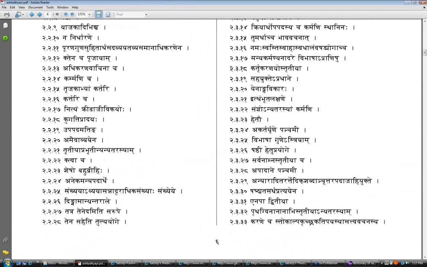Interesting Sutram, look at Sutram 2.3.18. It says Kartrukaranayo Tritiya. So the default for the Kartru is Tritiya Vibhakti. Sounds very strange, doesn't it? Because normally we would think the Karta should be Prathama: Ramaha Sitam Pashyati, Ramaha Vanam Gacchati, and all that. But actually, when the Kartru is anabhite, he goes in Tritiya, and that happens in the passive.